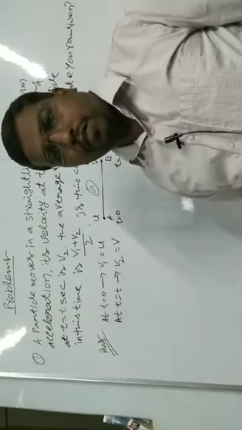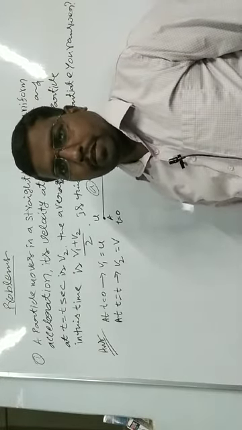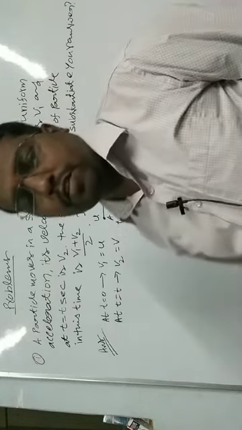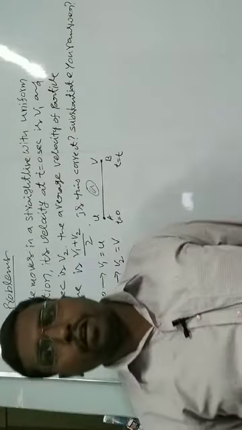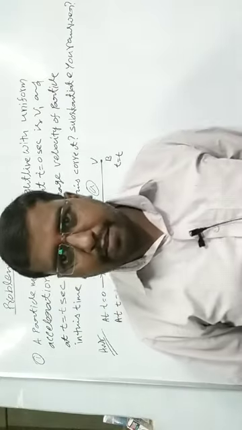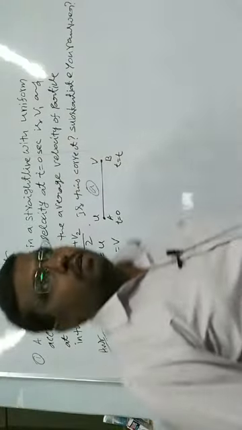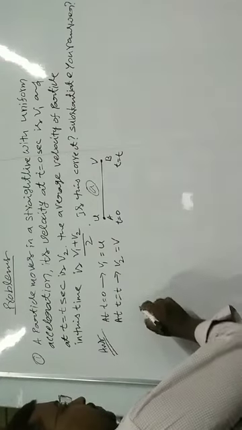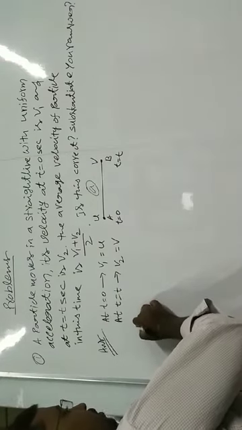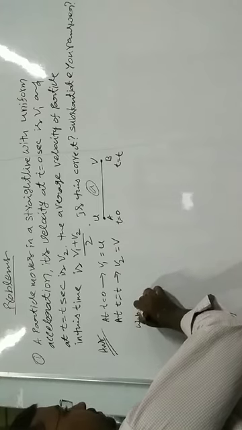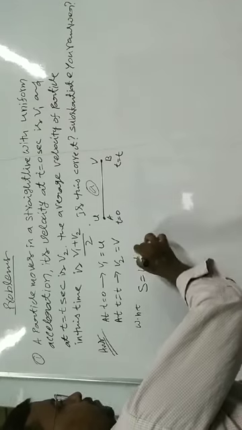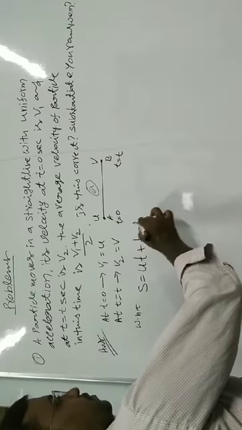So we have to take equations of motion. Whenever the body moves under uniform acceleration, we take equations of motion. You know the equation of motion: s equal to ut plus half at square.